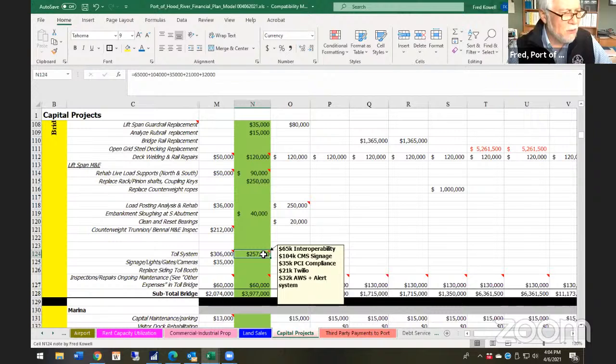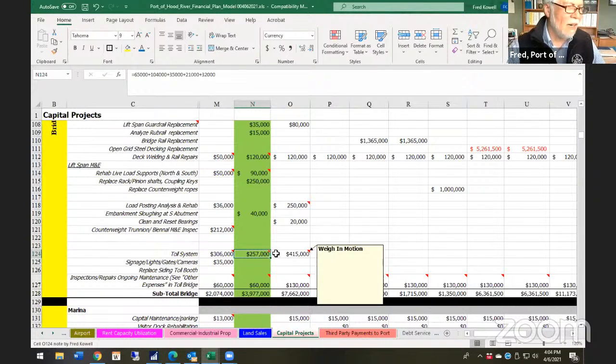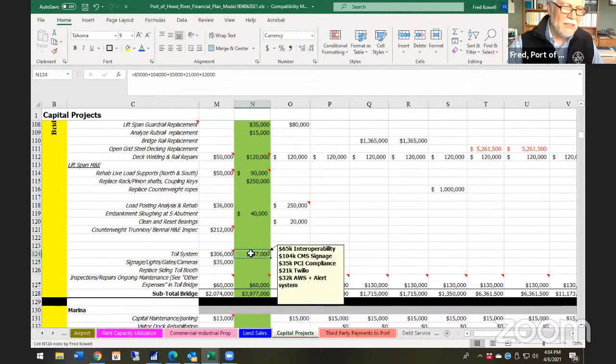This is a placeholder. There's a lot in here for the tolling. Some of it can be deferred. Some of it may not get deferred. We spent a lot on our tolling system over the last several years. But what is occurring nationally is that all tolling agencies are going to need to speak to each other.